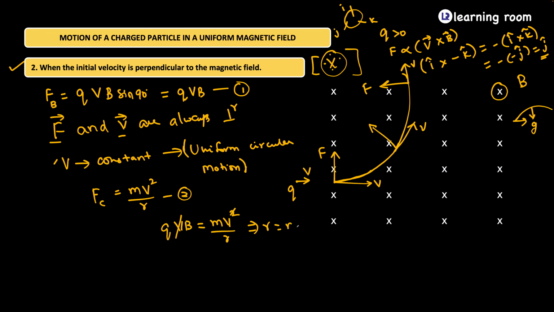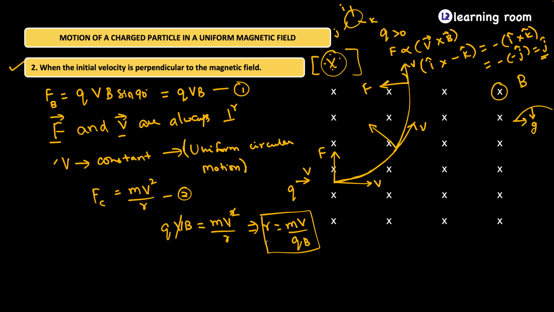R is equal to mv divided by qB, and this is going to be the radius of the circular path in which this particle is going to traverse. So as I told you in the beginning of this topic, this is the mathematical equation on which many problems can be framed. Okay. So R is given as mv divided by qB.